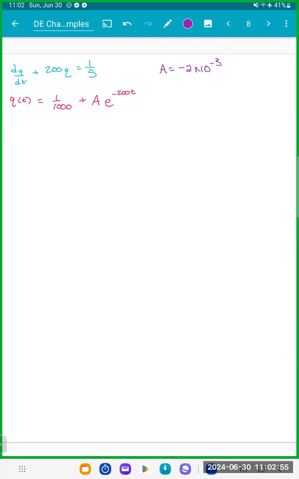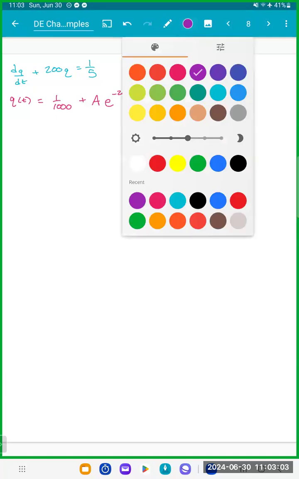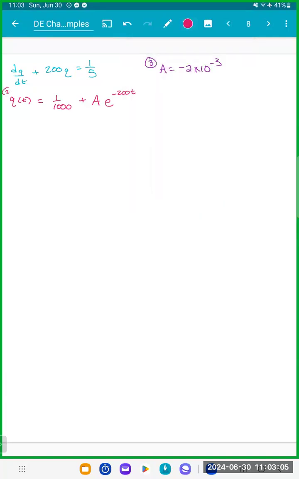Okay. So what we want to do is substitute equation 3, right? So this was equation 3, this was equation 2, and this was equation 1. So let's just substitute equation 3 into equation 2. Okay.